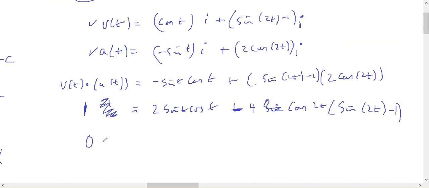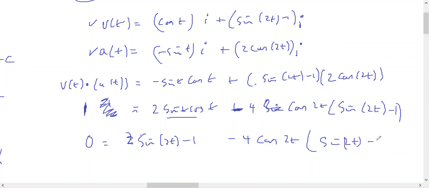If I make that 0 and try to get some factorization happening, 2 sine t cos t is sine of 2t minus 1, minus 4 times the cos of 2t sine of 2t minus 1.